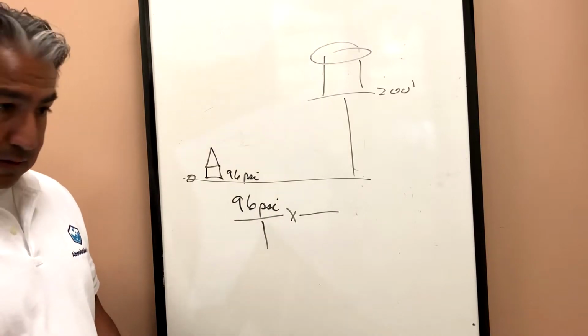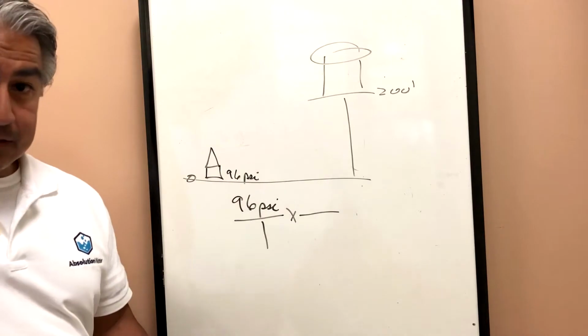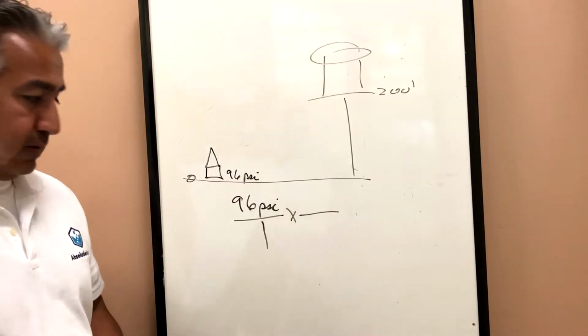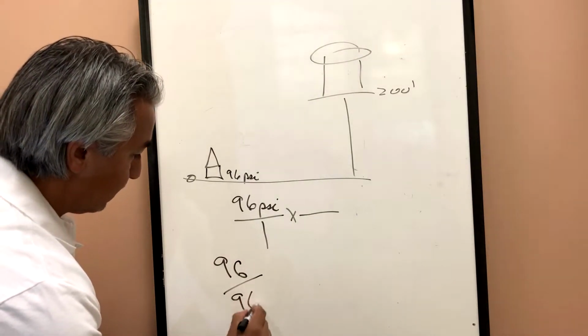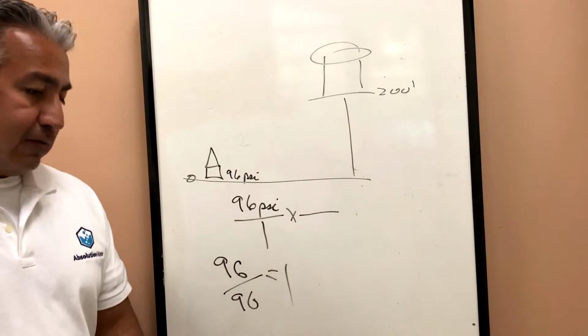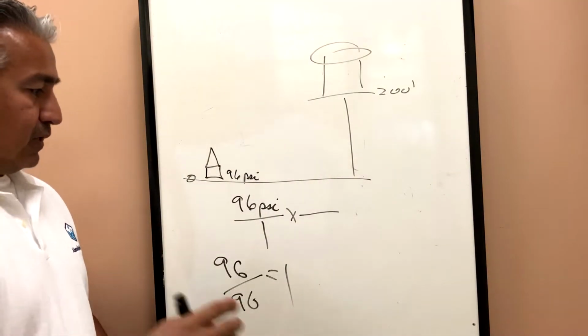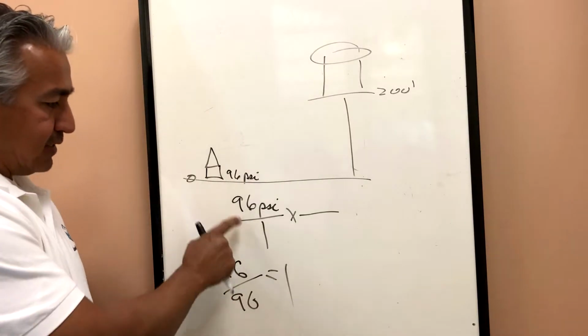Now, you can make the error of writing 96 over 96, if you're going through it very quickly. Put that in your calculator and tell me what you get. Any number over itself is equal to 1. So if you're taking an exam and you have a little anxiety and you're asking yourself, did Julio say 96 over itself, or is it 96 over 1?